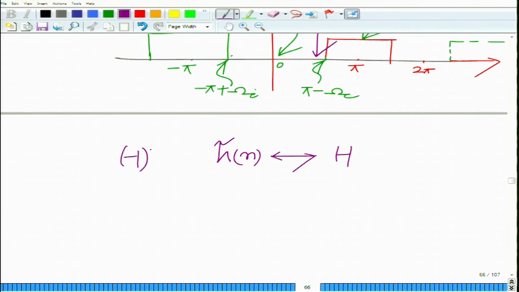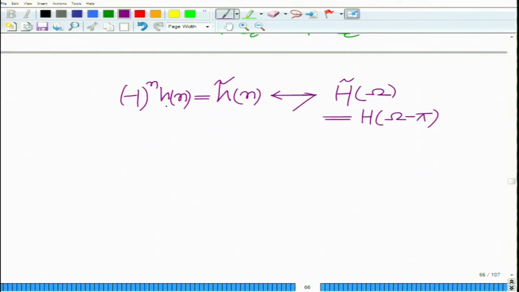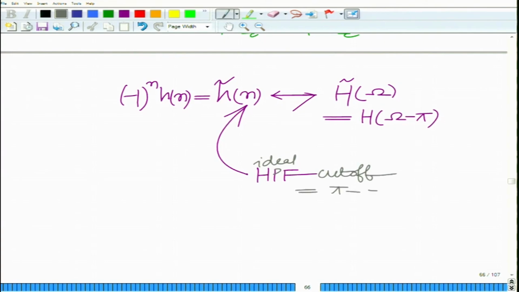So, we have minus 1 to the power n h n equals h tilde n, which has the DTFT h tilde omega, which is H of omega minus pi, and therefore, now h n is a low pass filter and h tilde n is an equivalent high pass filter, in fact an ideal high pass filter, ideal HPF, with cutoff equal to pi minus omega c, okay.